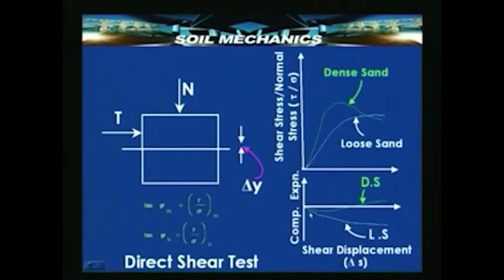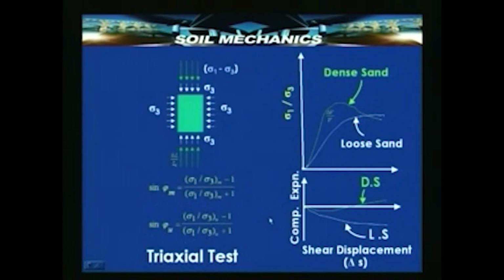On the other hand, it continues to show a compression if it is a loose sand, which means that we will have a peak value of tan phi equal to tau upon sigma peak, or tau upon sigma ultimate corresponding to the portion beyond the peak. And in the case of loose sand, only the second aspect will apply. Now if we take the triaxial test, again dense sand and loose sand will behave in a similar manner.